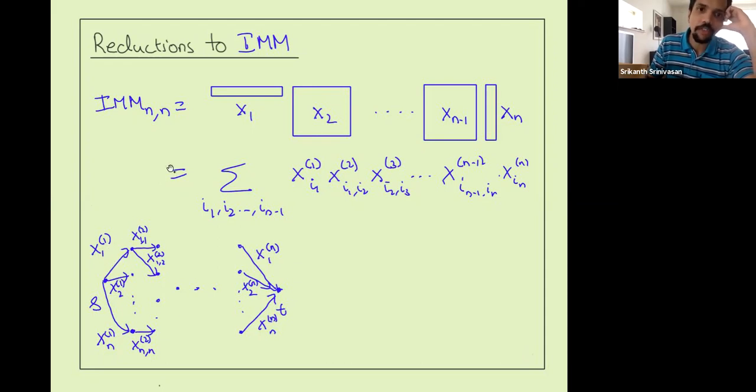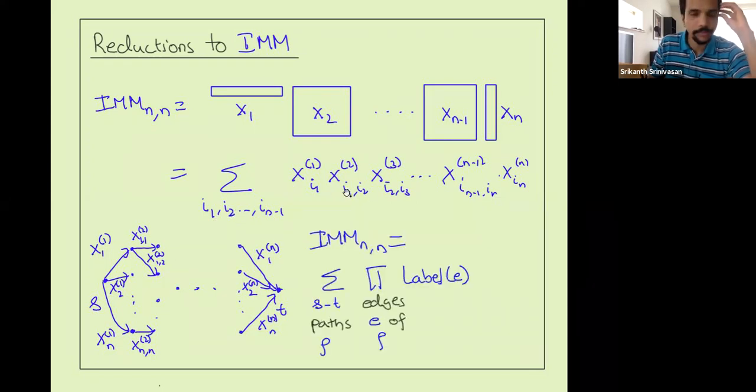If I'm picking the first entry in the first row vector, I label that with the variable x11, and similarly x21, etc. Between every pair of consecutive layers, I have all possible edges, each giving a choice for one of these indices, and I label the edge with the variable that comes about in the monomial from that choice.